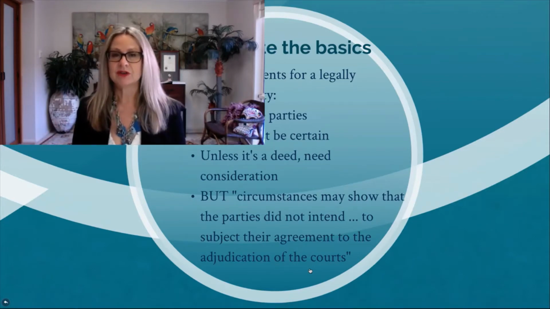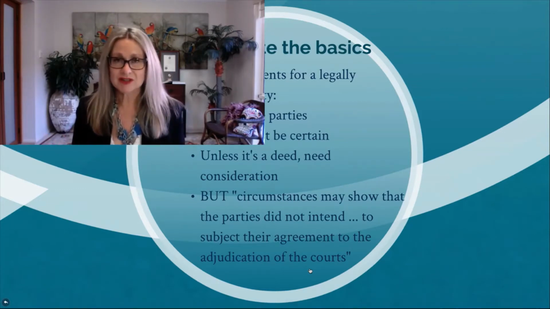So generally speaking, you'll need consideration. But even where you have all of this other stuff, the circumstances may in fact show that the parties didn't intend their agreement to be justiciable or adjudicated by the courts. And this is where the whole intention to create legal relations issue crops up, okay?